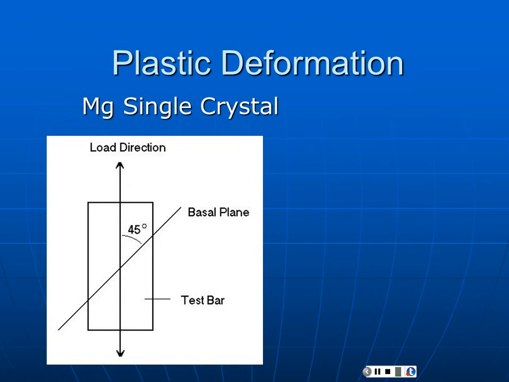If you remember, magnesium is hexagonal close packed, and the close packed plane aligns with the base or the top of a hexagonal cell. So we orient that basal plane at an angle of 45 degrees with respect to the load direction. We're basically stacking the experiment to produce a desired result.